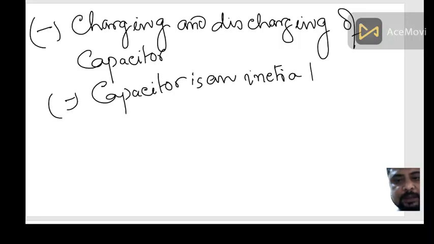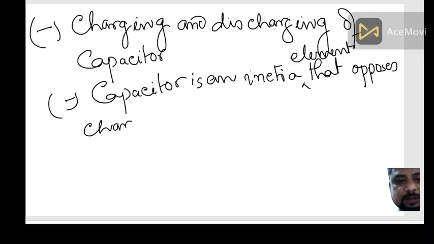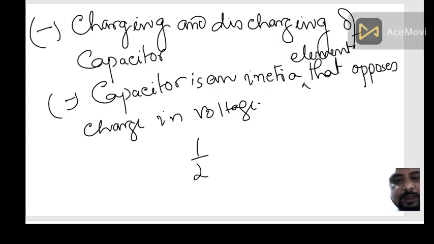It is an inertia element that opposes change in voltage.